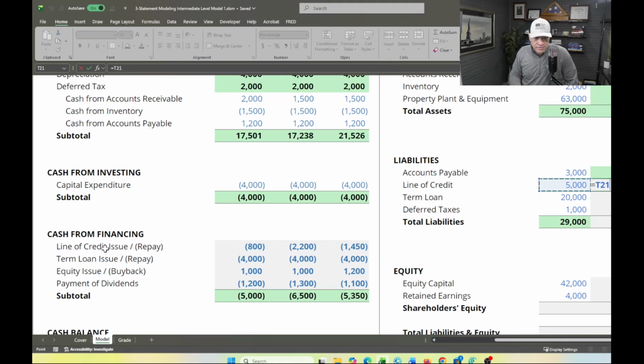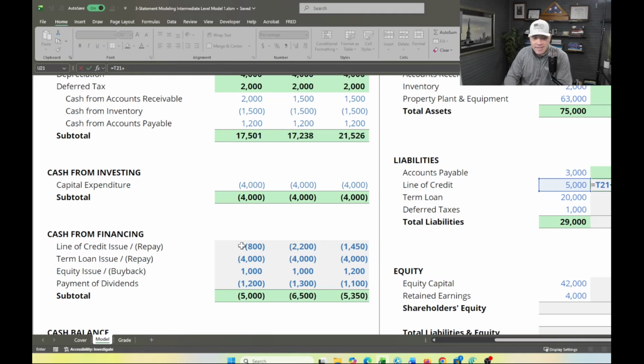You see the line of credit is changing $800, then 2.2, and then 1.45. Each period it's a negative, which means cash is leaving. That means I'm paying off my line of credit. So I'm going to take that $5,000, and I'm going to hit minus. I'm sorry, I said minus. I'm going to do plus.